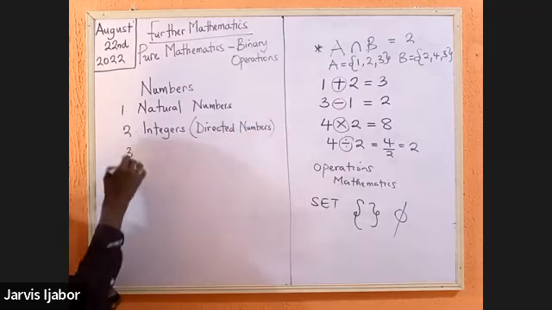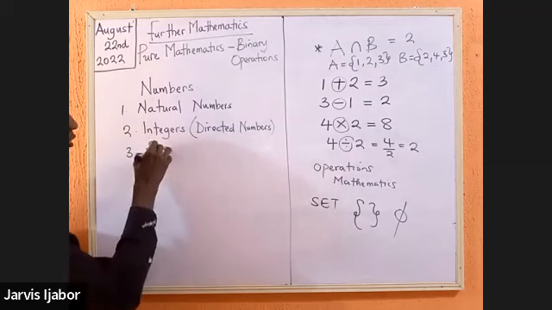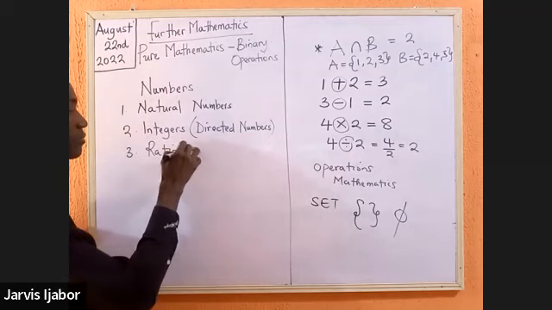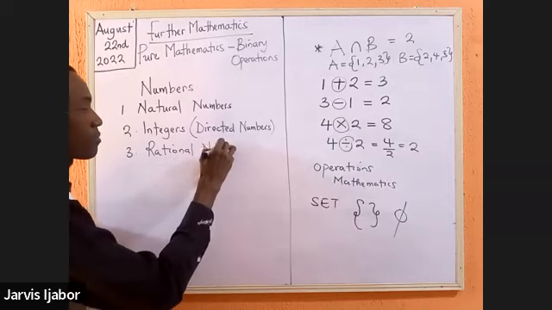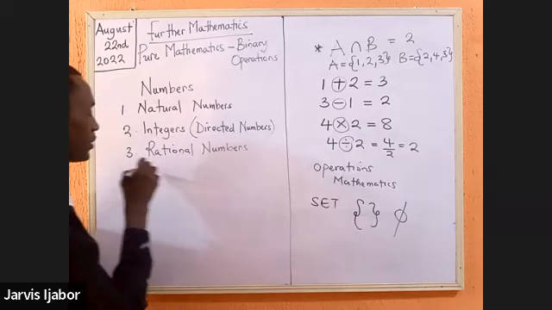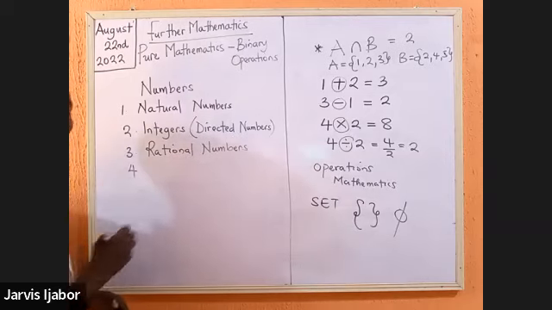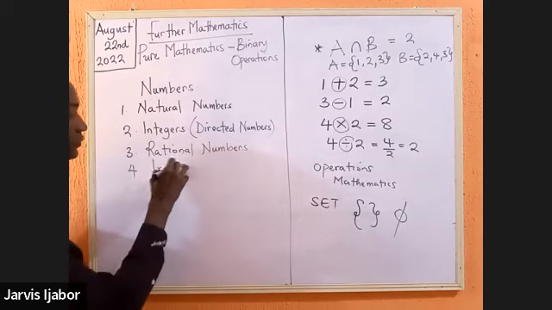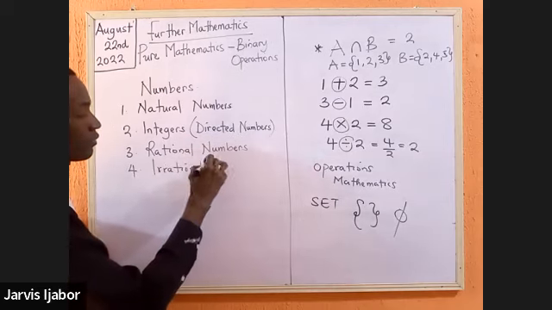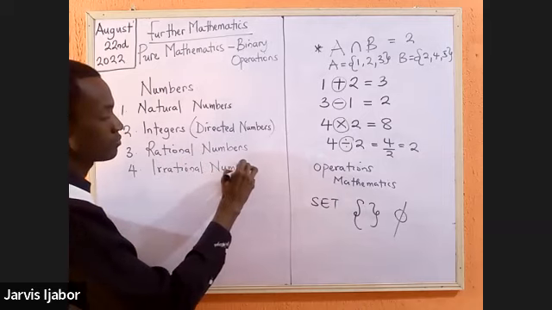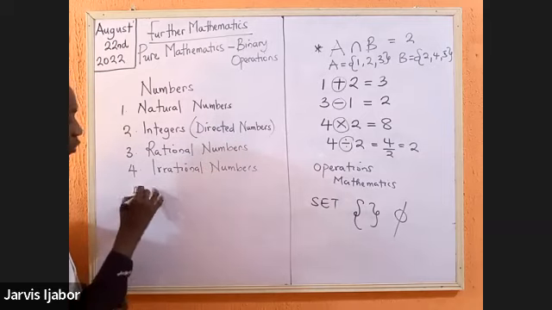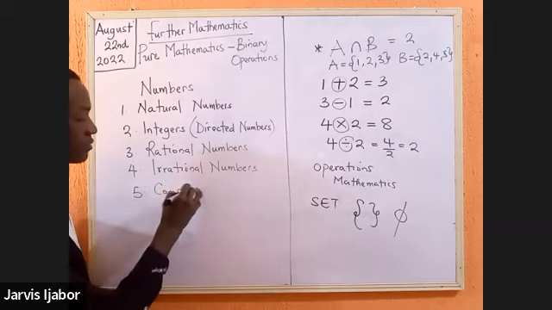The third one we call rational numbers. The fourth one we call irrational numbers. And the fifth one we call complex numbers.